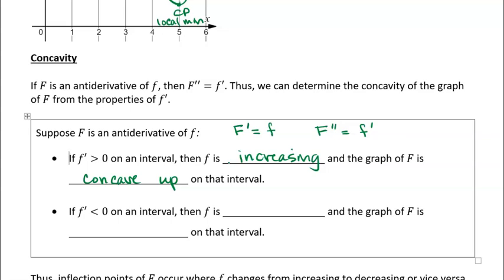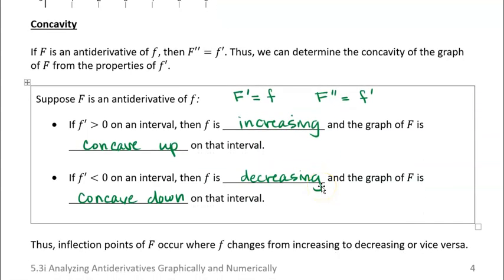Now, if f is negative, then capital F is decreasing, and the graph of capital F is concave down on that interval, okay?